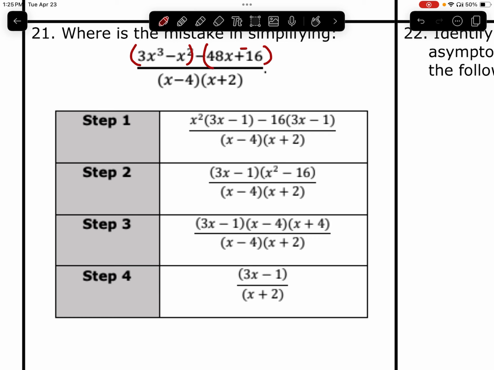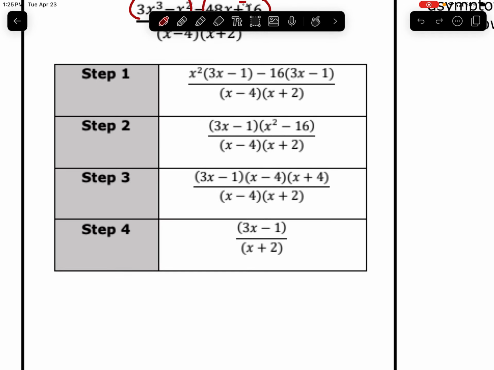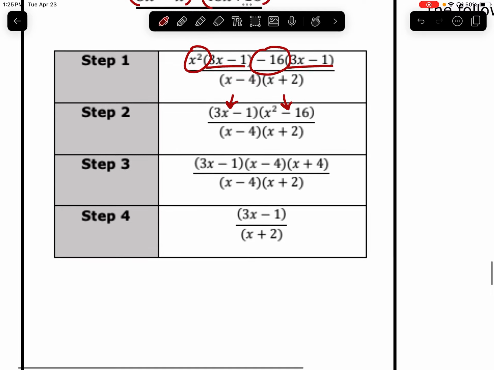That looks fine. And then we factored out a 16 from these parentheses. That looks fine. The bottom looks the same. After that, we factored out this part, so that ends up here. And then we're left with this part, which ends up here. The bottom stays the same, looks good.